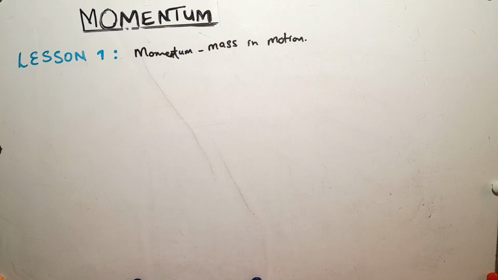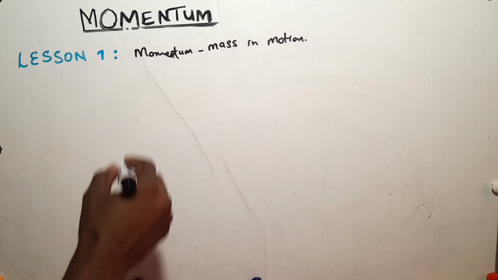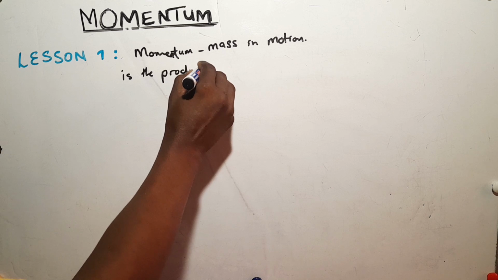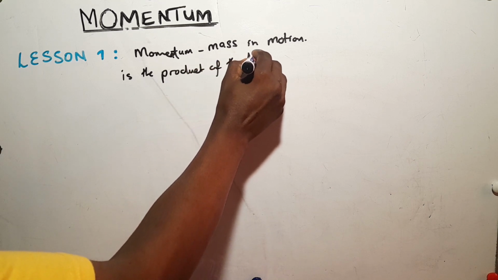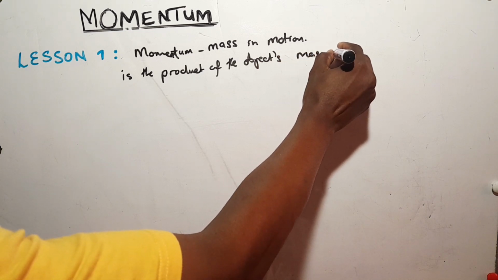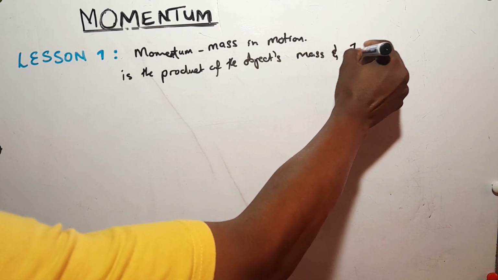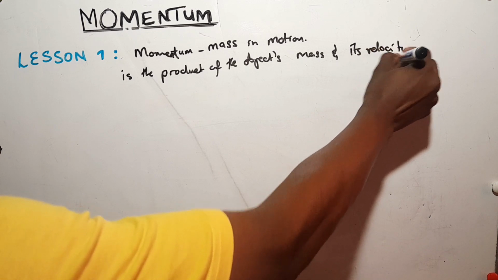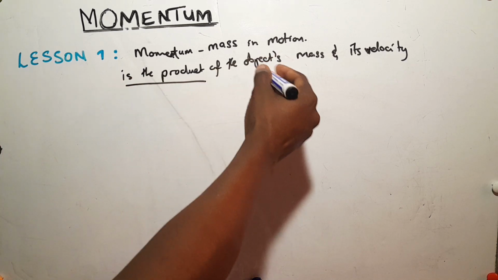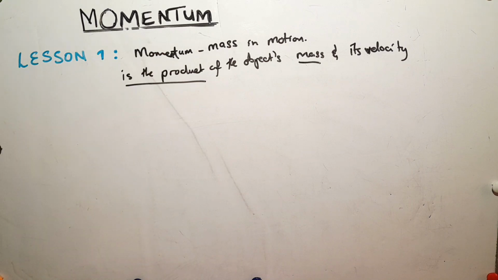But according to physics, the way we want to answer that, we say momentum is the product of the object's mass and its velocity. That's how we describe it according to physics.